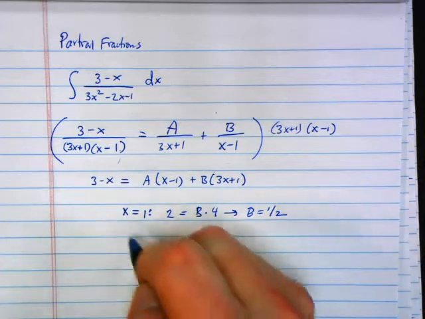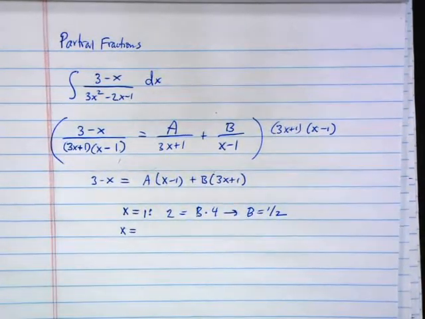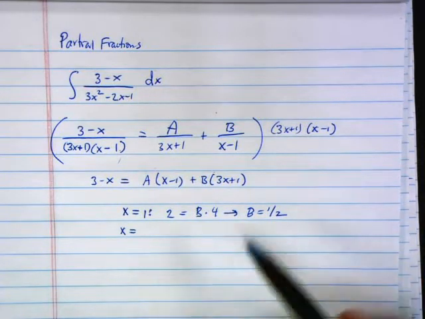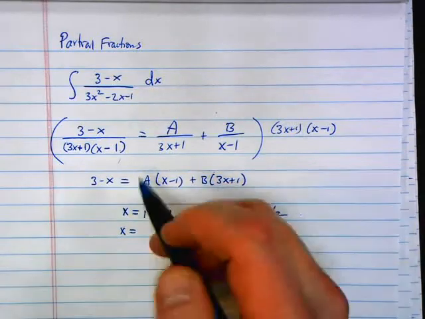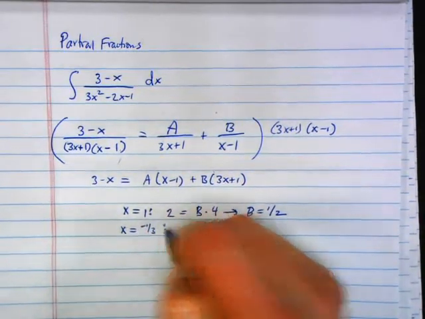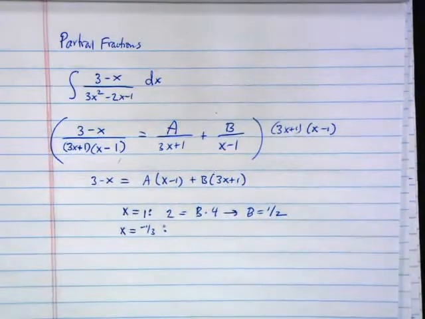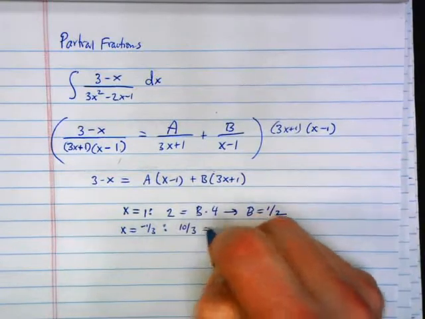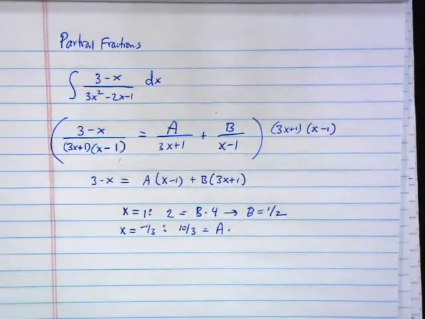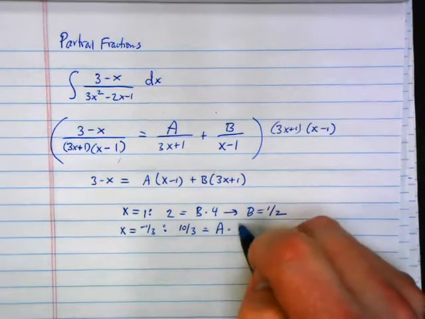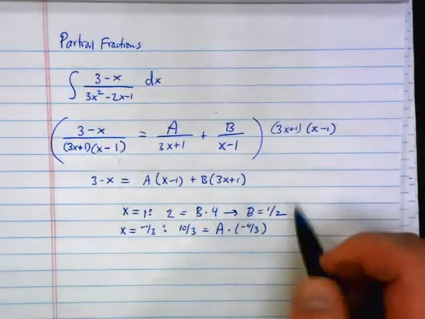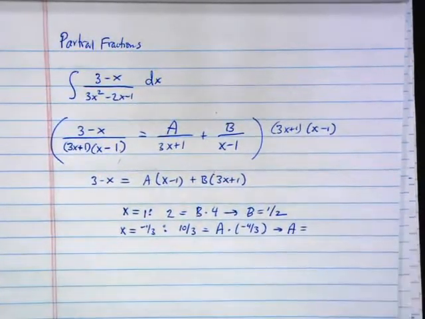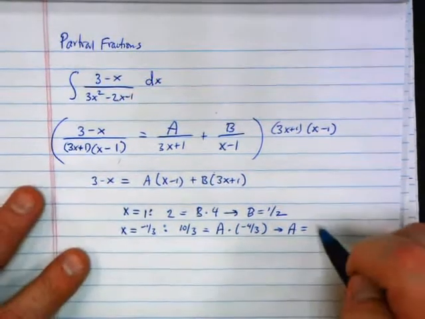And then you repeat. You plug in another number you like a lot. What's the other number you like a lot? Negative 1/3, because negative 1/3 will give you 0 over here. 3 minus negative 1/3, that's 3 plus 1/3, that's 10/3, equals A times negative 1/3 minus 1, which is negative 4/3, which means A is, I flip and multiply, 5 halves.